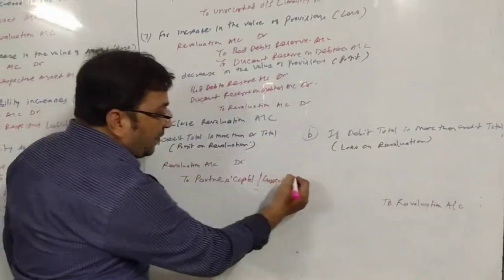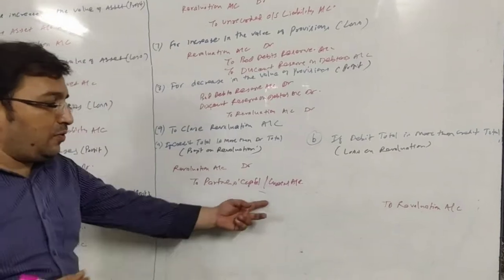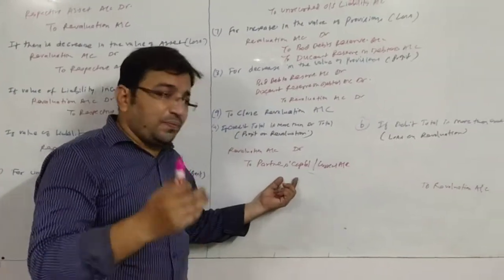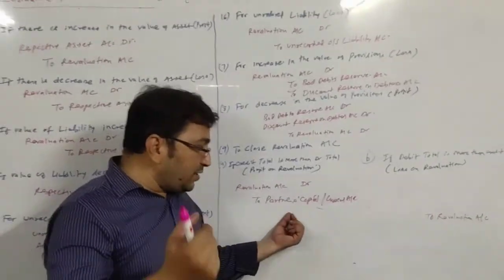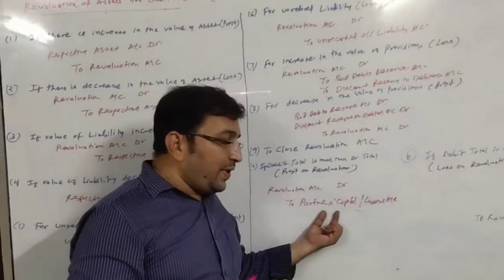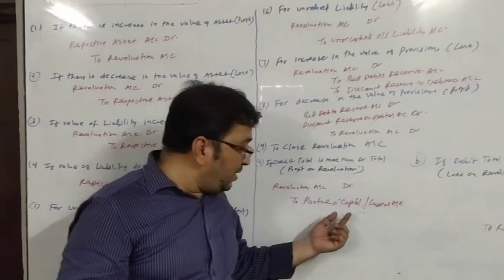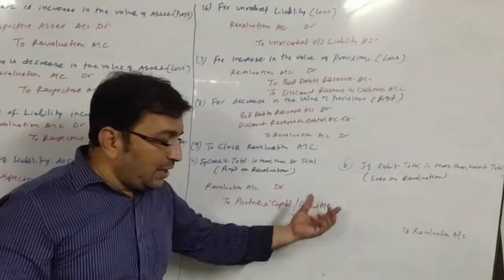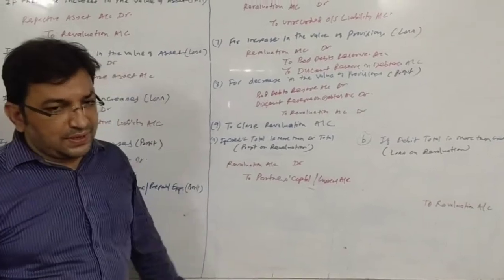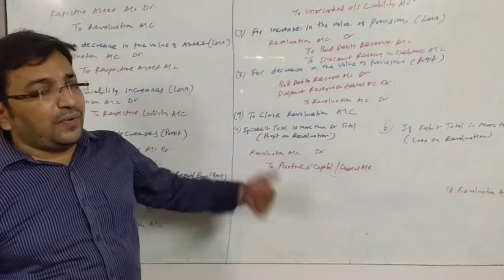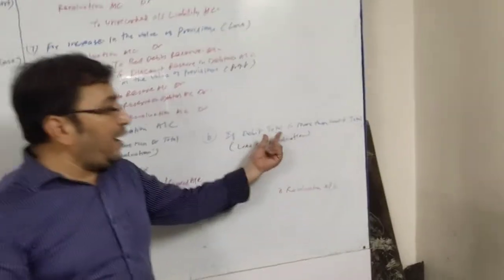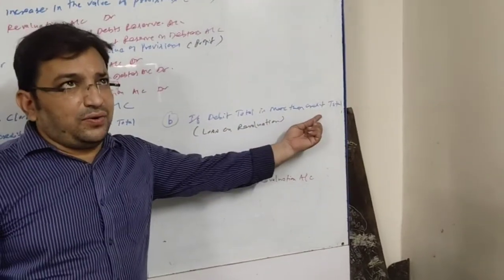We know very well when to use capital and when to use current account. We have already studied partnership final account, introduction of partnership accounts also. When there is a fluctuating capital method, we write partners capital account. When there is a fixed capital method, we will transfer the profit to current account. What could be the other condition in this regard? That debit total is more than credit total.